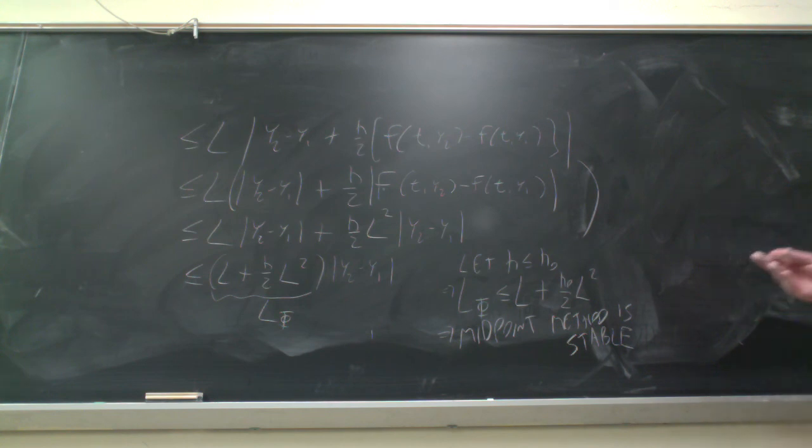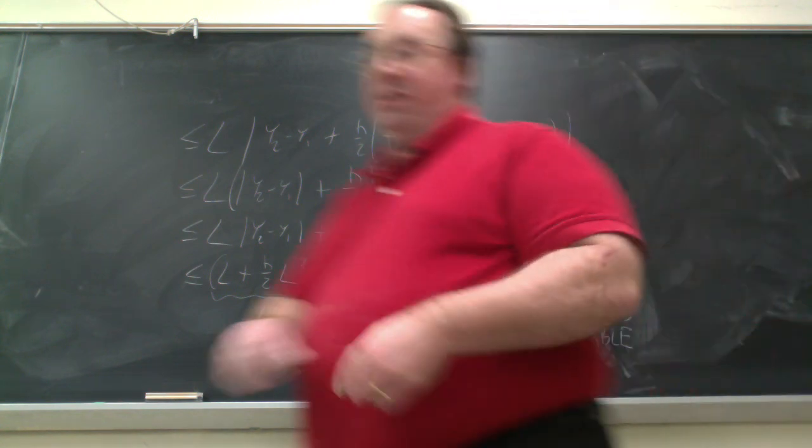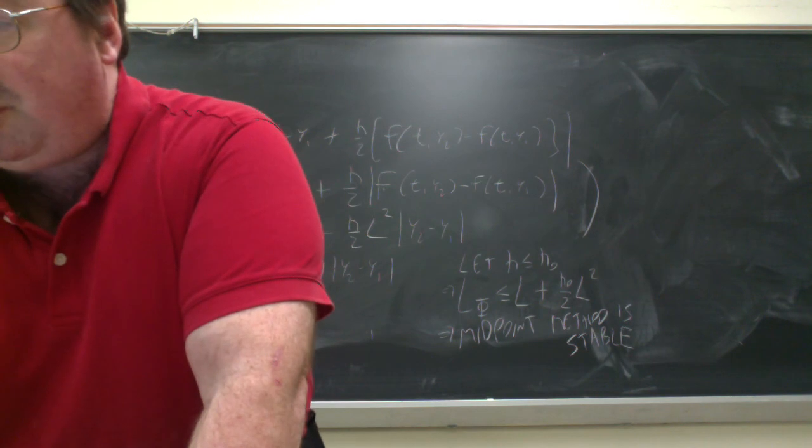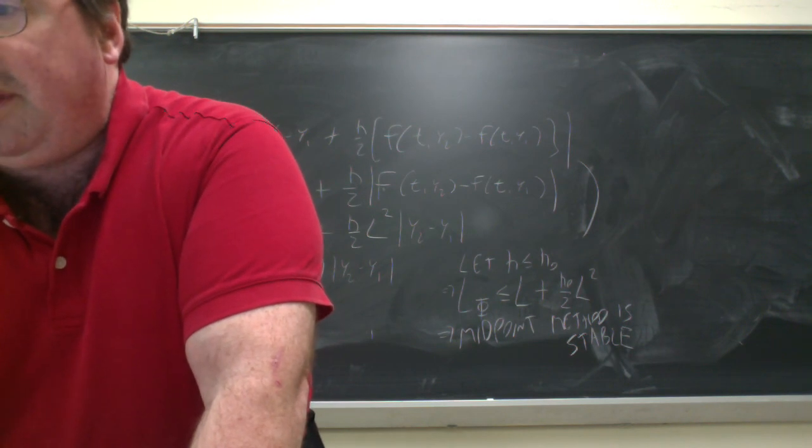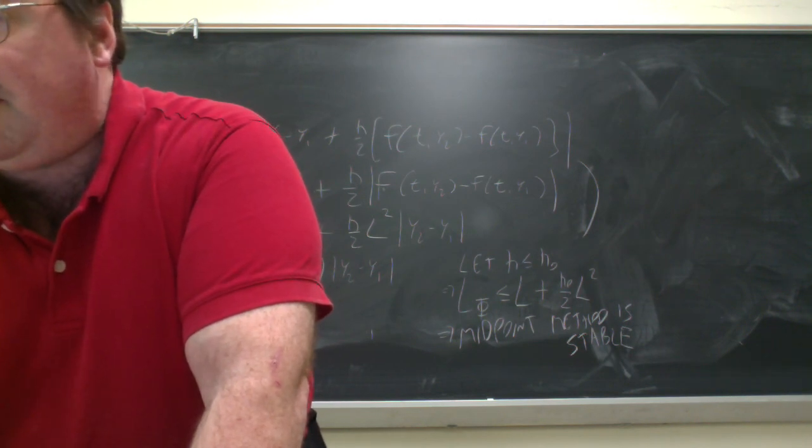If you have a one-step method that is second order accurate locally, and it's stable, then it's also second order accurate globally. So there's no distinction between the orders of accuracy in that case. So generally people just show what the local error is, show that it's stable, and that's the end of it.